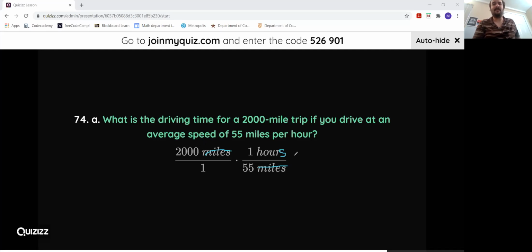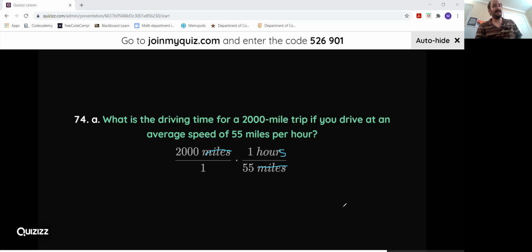And this thing tells me I multiply through. What I'm going to end up doing is dividing 2,000 by 55. So this is the setup if we want to find out how much time it's going to take to travel 2,000 miles, traveling at 55 miles for every 1 hour.